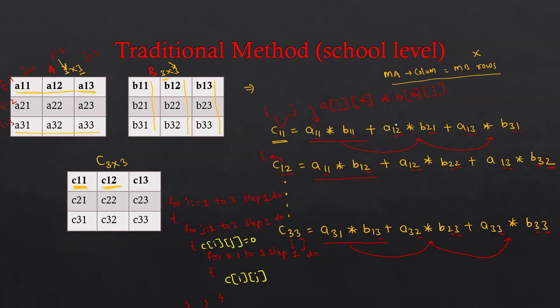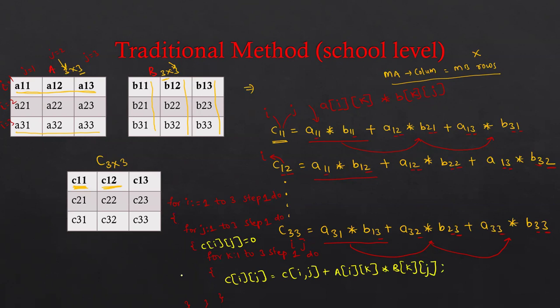Next K equal to 2, this multiplication is performed with the old sum and the result is copied to C of i comma j. So this is going to be represented as C of ij plus A of ik into B of kj.